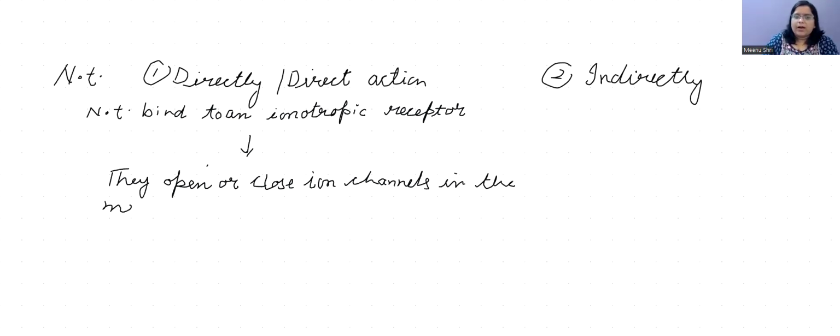As the particular ion channels open or close, this will affect the membrane potential.